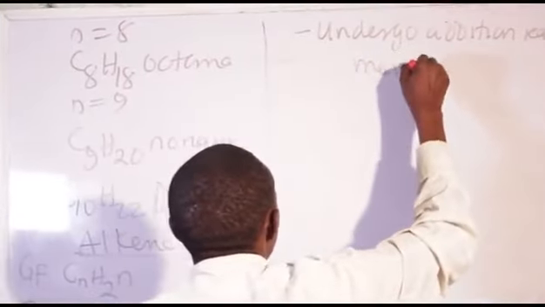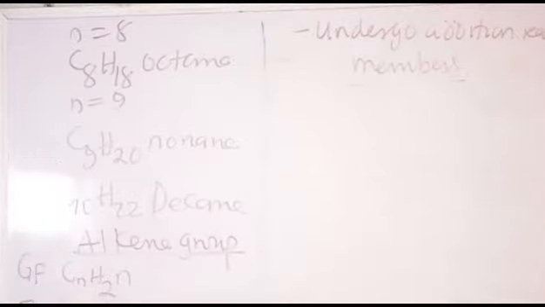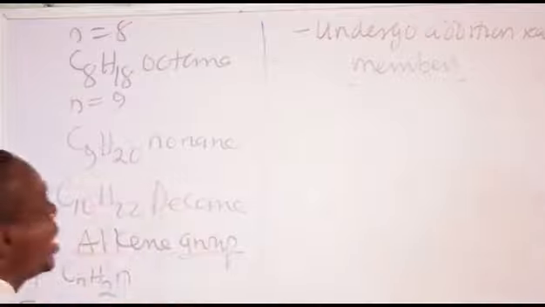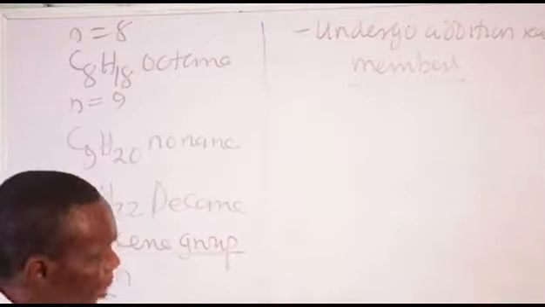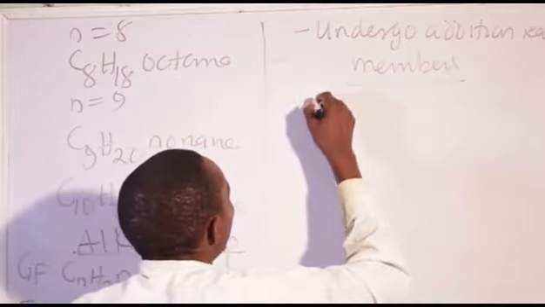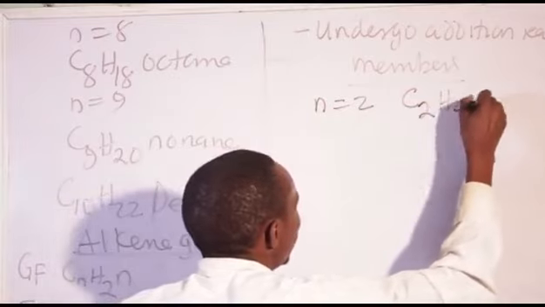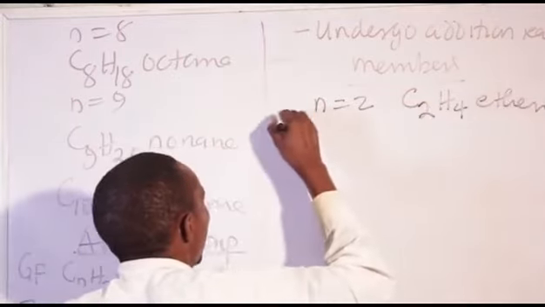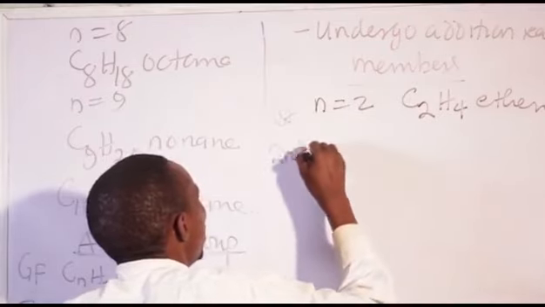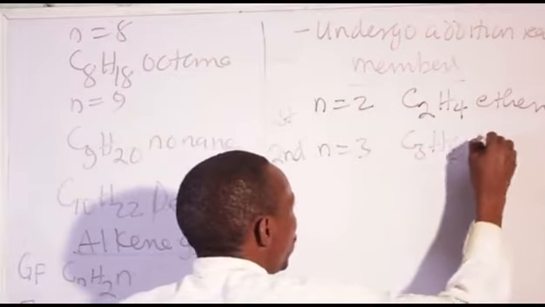Don't forget, members of the alkene start from n equals 2. There's no methene. The first member of the alkene is ethene, with n equal to 2: C2H4. This is our number 1 member. The number 2 member is n equal to 3, C3H6. This is our propene.